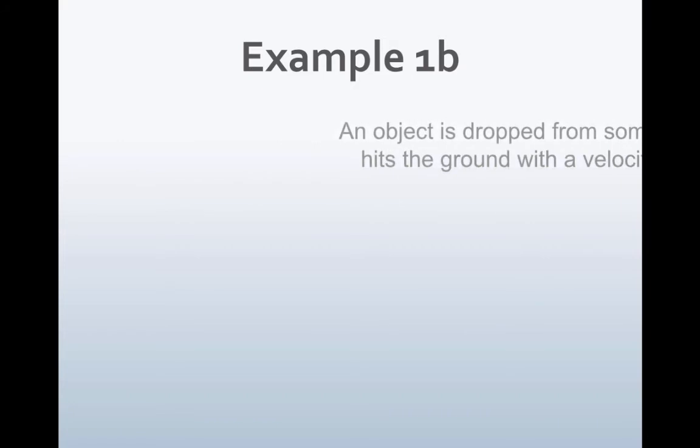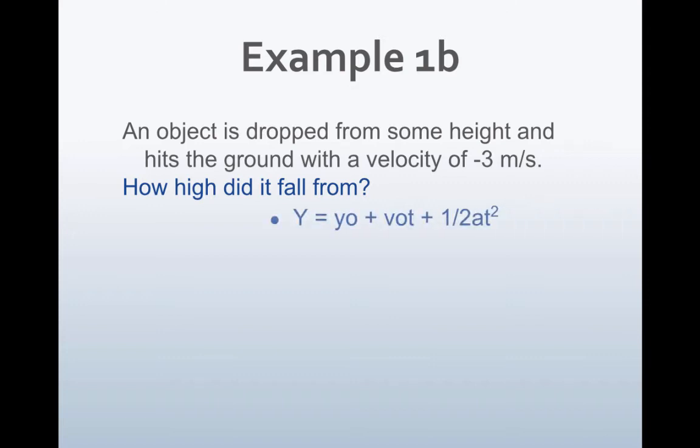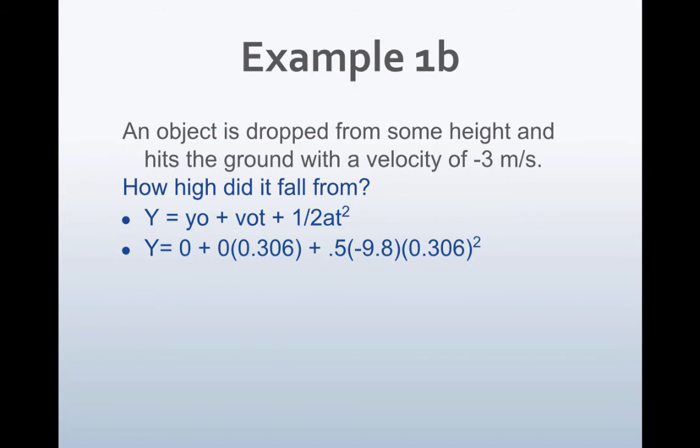Part B of that same example is how high did it fall from? If it hits at that velocity and has that amount of time, we need to find height. We're going to use kinematic 2, substituting in all of the values that we know, V naught being 0, T found in part A of 0.306.